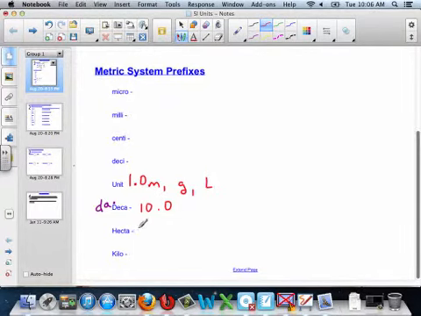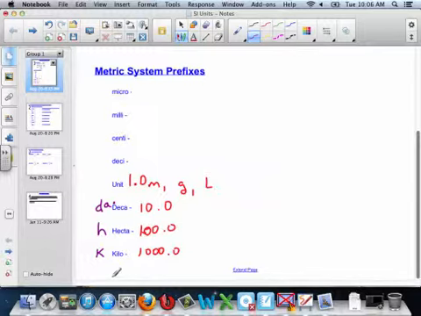And hecta is represented by the letter H. And kilo, how much is a kilo? 1,000. And kilo is represented with the letter K. Now, notice how we actually set this up. What do we do with the decimal every single time?